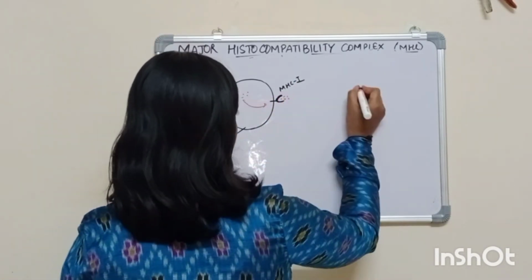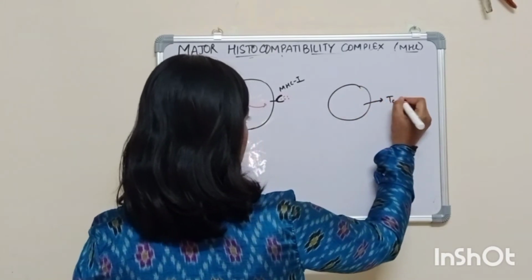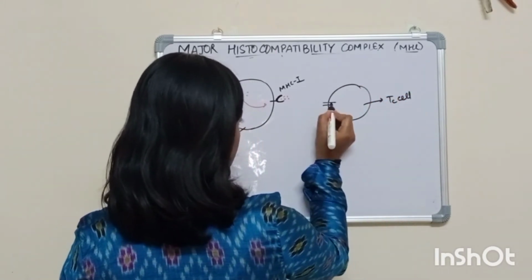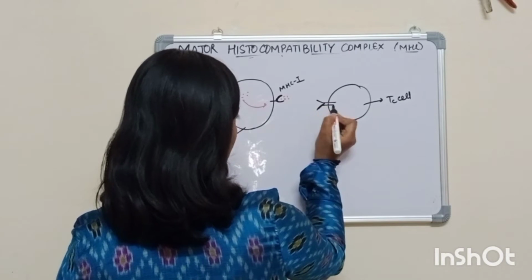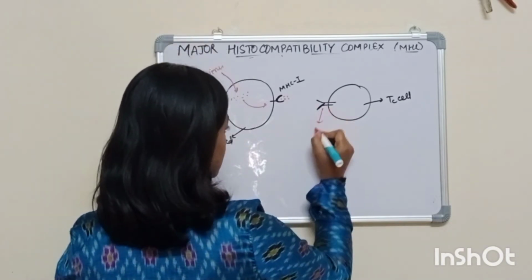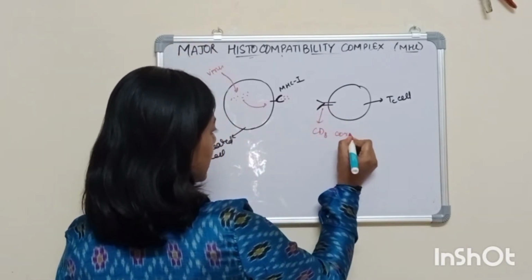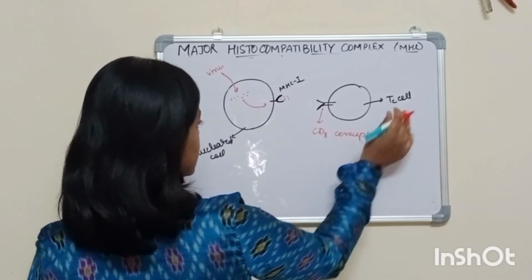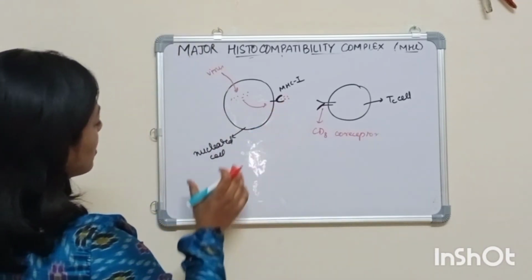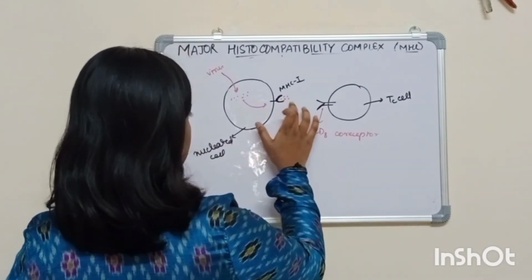Now it is the TC cell, and it has a co-receptor, that is CD8. The CD8 co-receptor is present on the TC cell and MHC1 is present on any nucleated cell. So it will present to this.